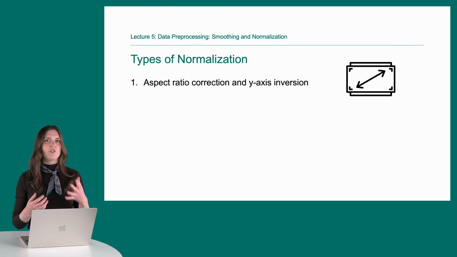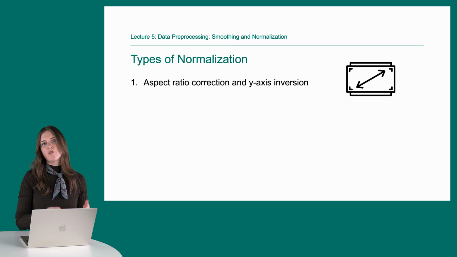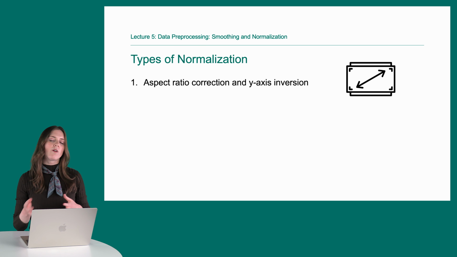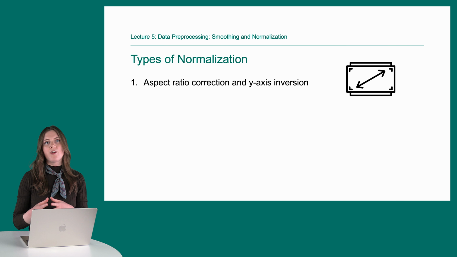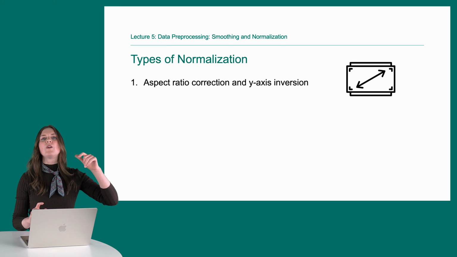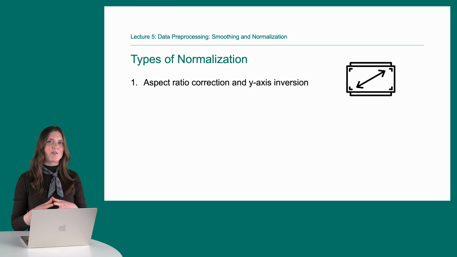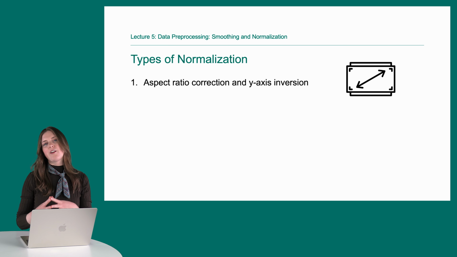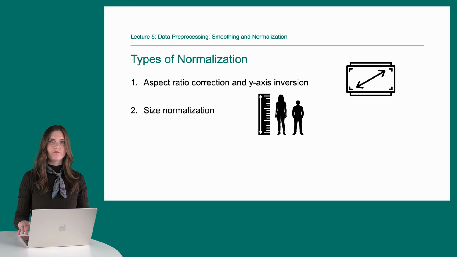There are a few different changes or methods of normalization you might consider applying to your motion tracking data. We're going to go through each one in more detail. The first change we'll make is adjusting our motion tracking data to match the aspect ratio of our video and to invert the y-axis values so that larger values of y correspond to positions that are higher in space.